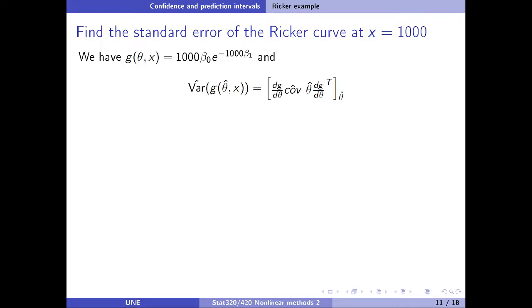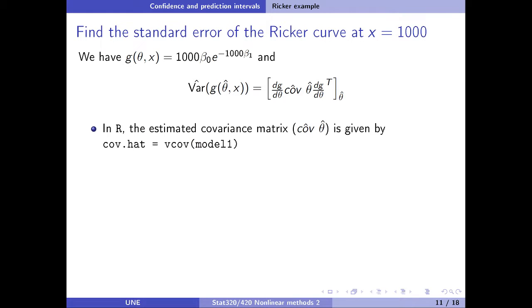The easiest way to work through that theory is to just work through an example. In this case, g of theta, x equals 1,000 beta naught e to the minus 1,000 beta 1. And we've got this formula for the variance of g of theta. Okay, so we need really just two pieces: dg/d theta, and its transpose.